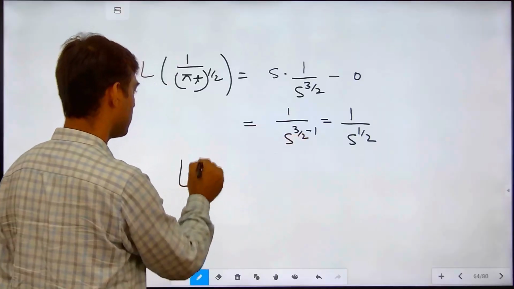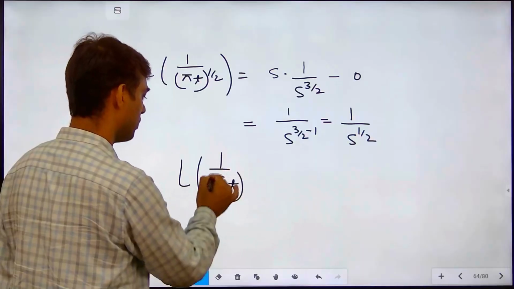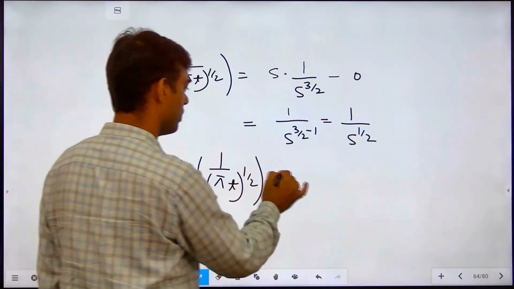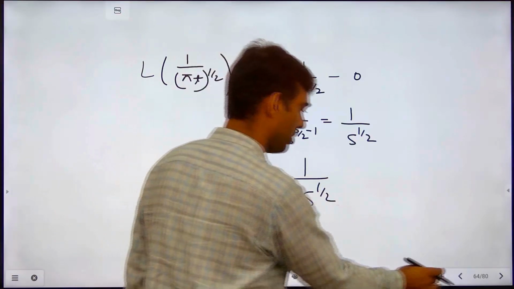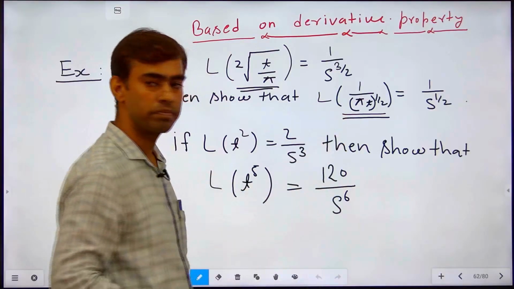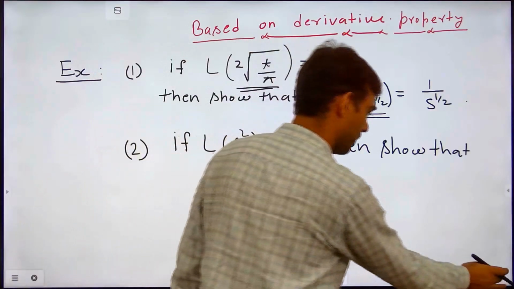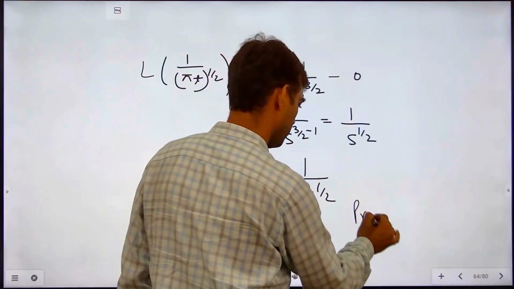So, the Laplace transform of 1 upon pi t to power 1 by 2 equals 1 upon s to power 1 by 2. I think this one is the result. So, we are able to prove this one. This is proved.